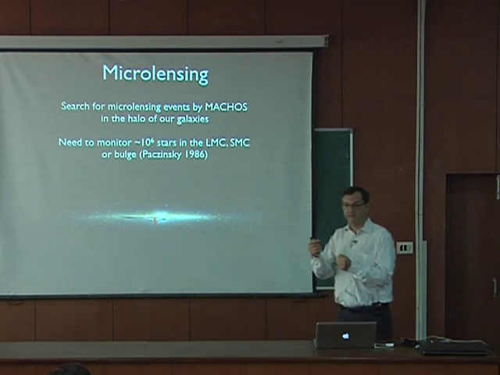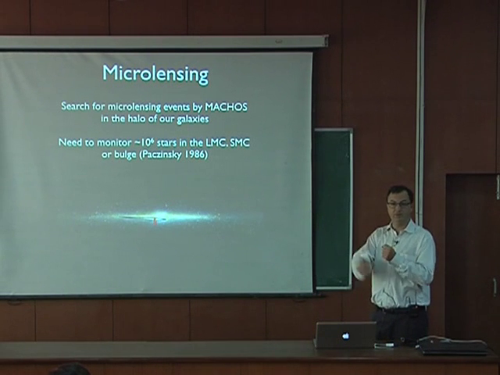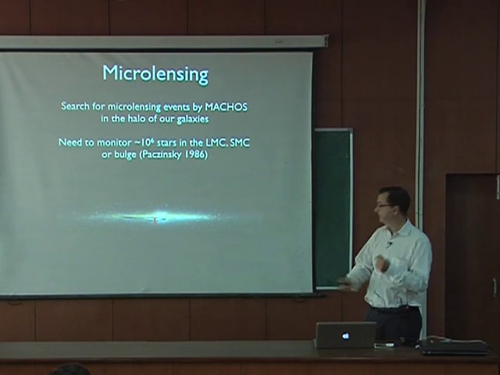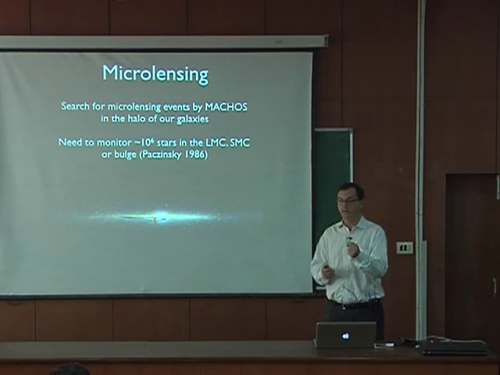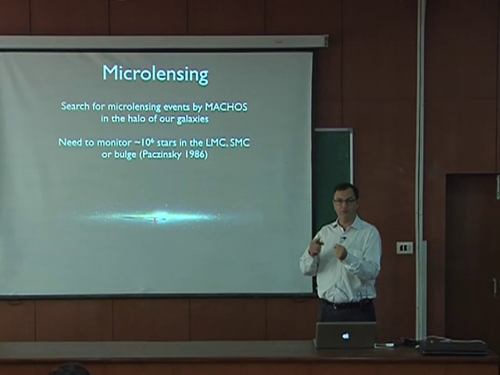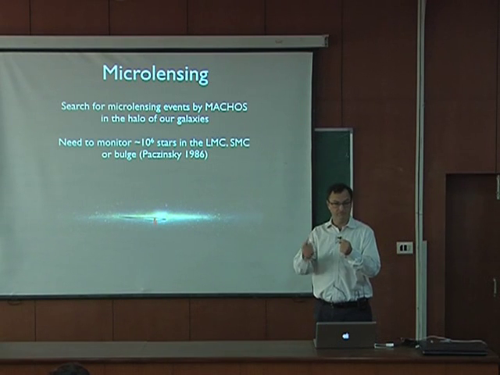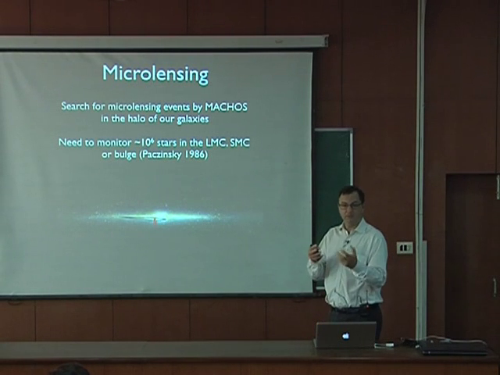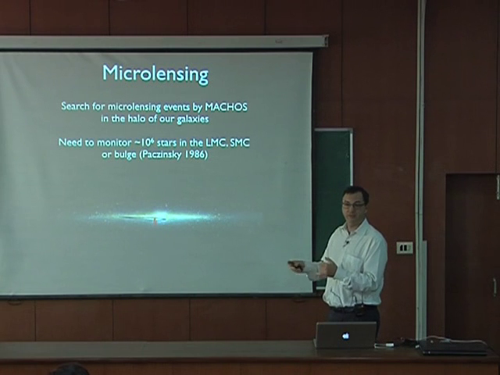But let's suppose that this star had a planet around it, orbiting around it, the lens. So the lens, which is producing the microlensing event, also has a planet. Could the planet have an effect on this microlensing?